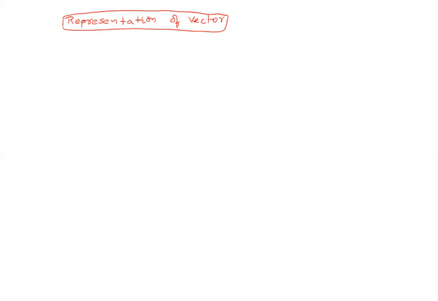In English, if you are trying to represent, for example, force, you'll just simply write force F bar. And geometrically you will represent a vector as well.